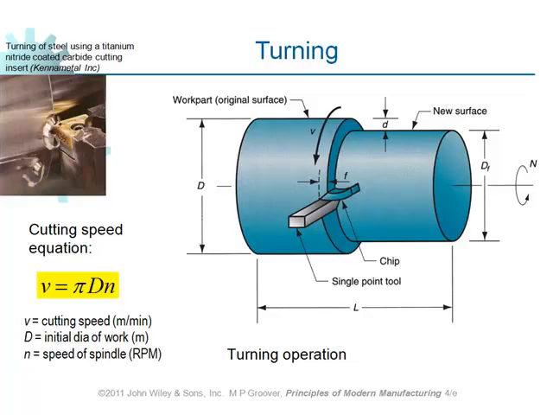The distance that it travels on the surface of the workpiece is the definition of the cutting speed. The distance traveled per unit time, which is often a minute. The unit which is commonly used for cutting speed is meters per minute, although sometimes you will see millimeters per minute or meters per second or whatever. But the commonly known unit for cutting speed is meters per minute.